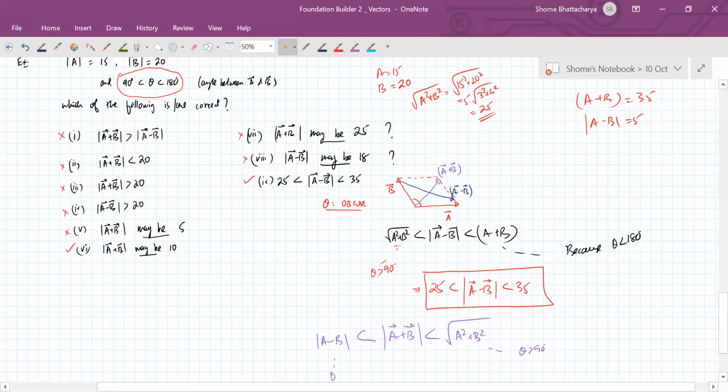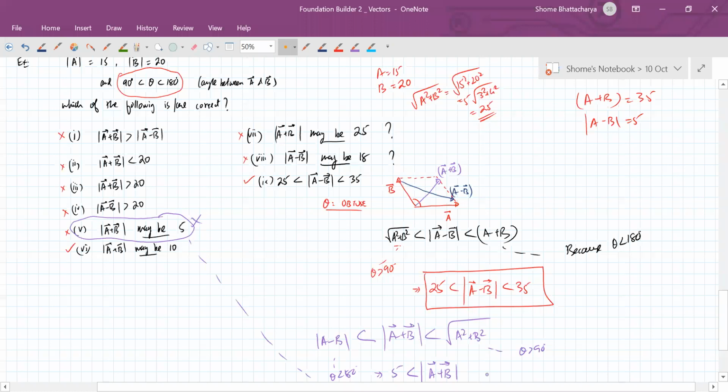Why? Because theta is less than 180 degrees, it can't be equal to. So that means magnitude of a plus b is greater than 5, cannot be equal to 5. That is why this option here is ruled out.